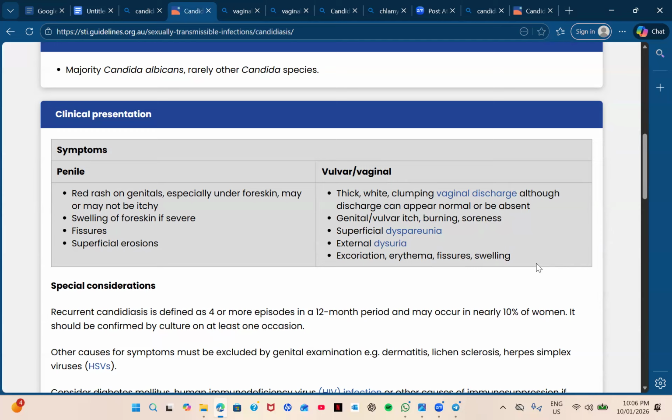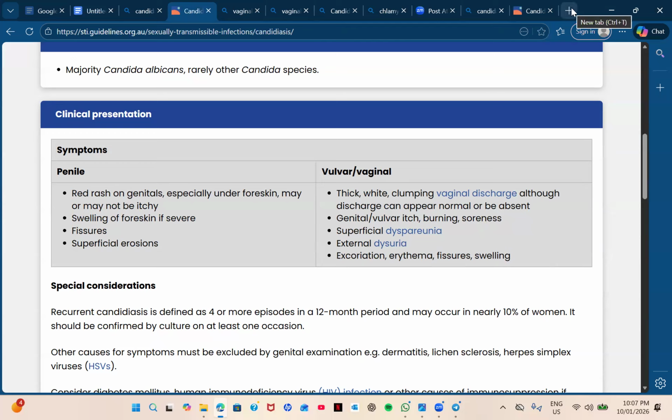Sometimes, in some presentations, we can't see this cottage cheese-like appearance in every case. In some cases, the vagina can appear as a red brick vagina, like an erythematous vagina, due to the candida infection.